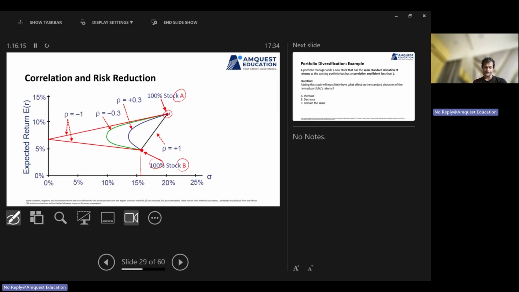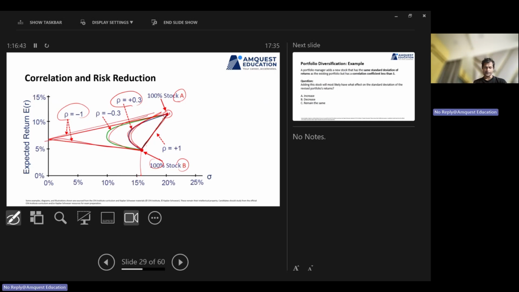But if I put some money in stock A and some in stock B, then the portfolio looks like this, right? But if there is a correlation, now look at this. If there's a correlation of 0.3, it will go like this. If it's more negative, it will go like this. And if it's perfectly -1, it will go like this.